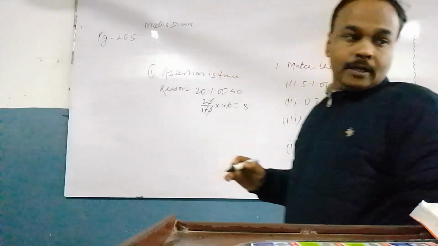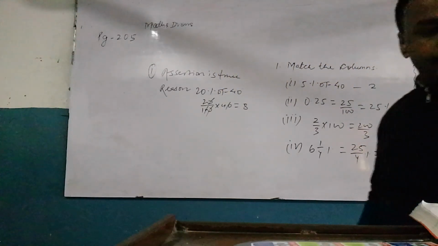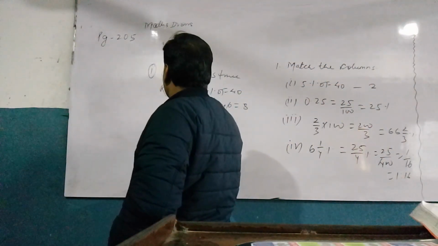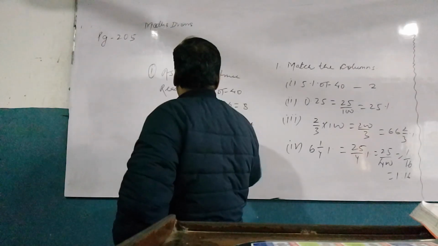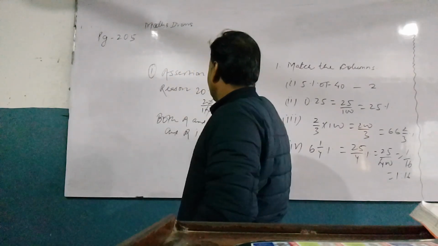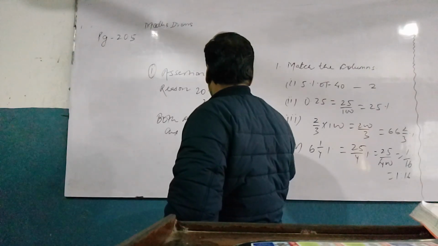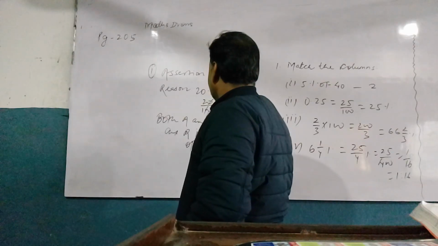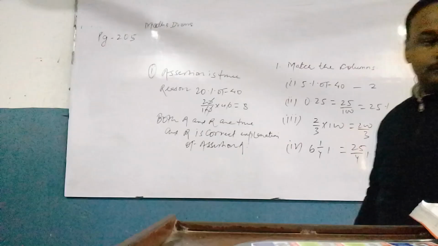So it is also true. So our option A is both A and R are true, and R is the correct explanation of assertion A. Clear?